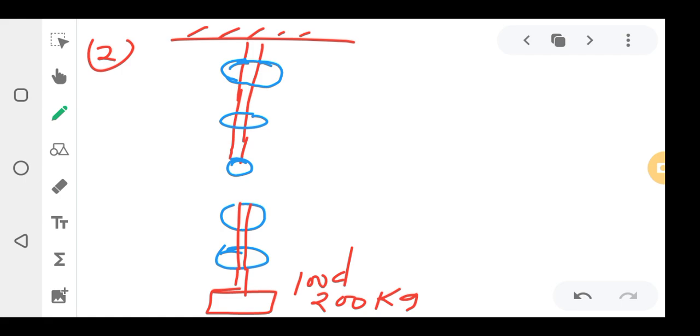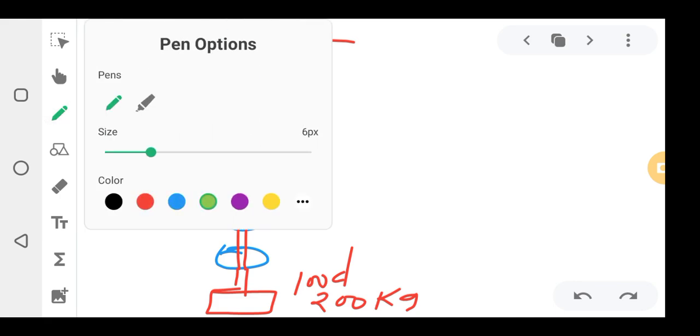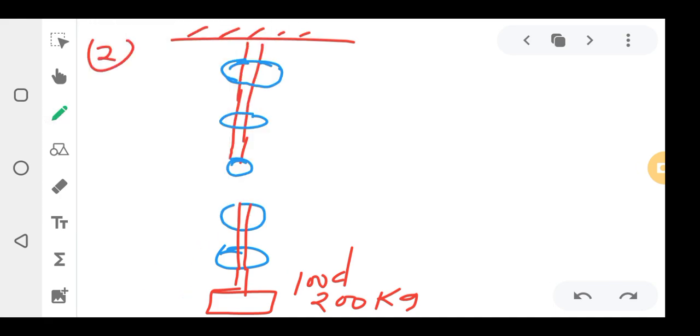So this thing starts, okay, let me draw the strings now. So we see how best we can draw the strings. The first string comes like this, so it comes there.